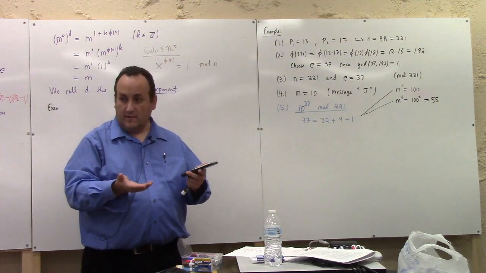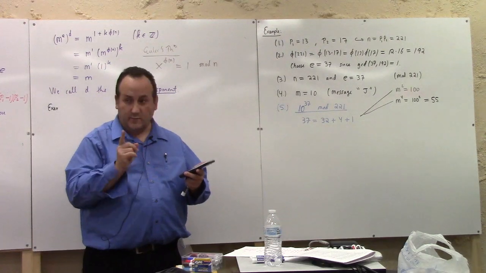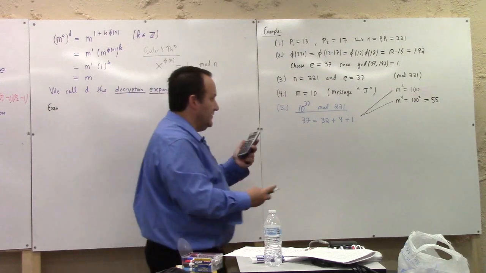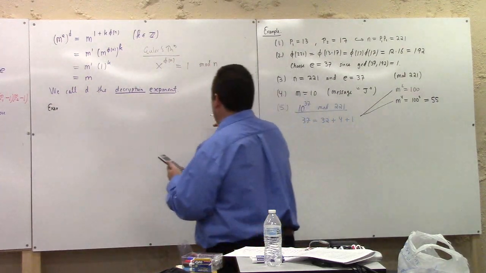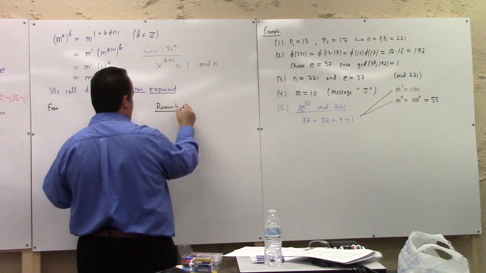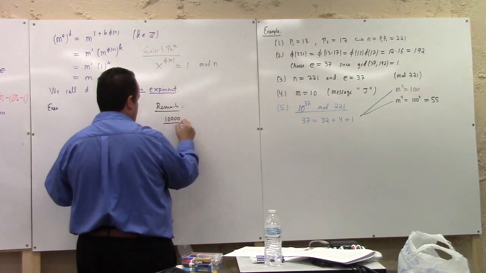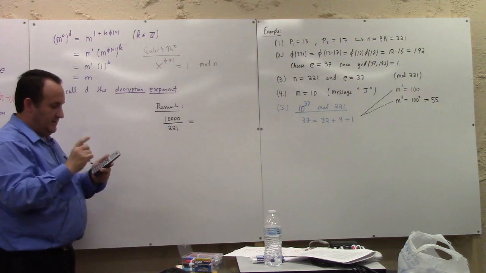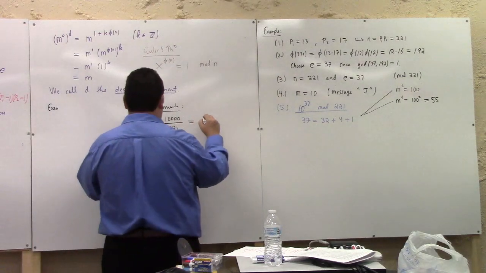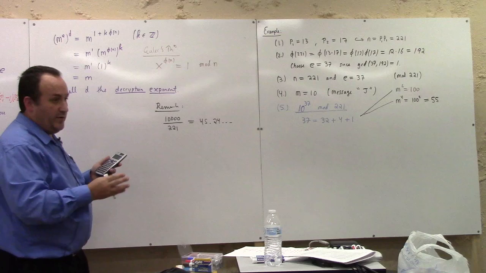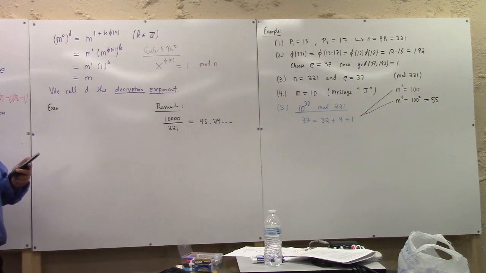Then I divide by 221. 10,000 divided by 221, and I hit the handy-dandy decimal number, and I get 45.24, blah, blah, blah. The point is that there are 45 copies of 221 in 10,000.